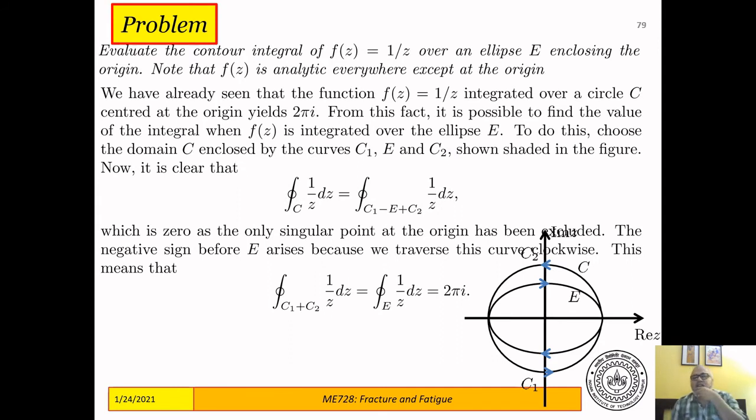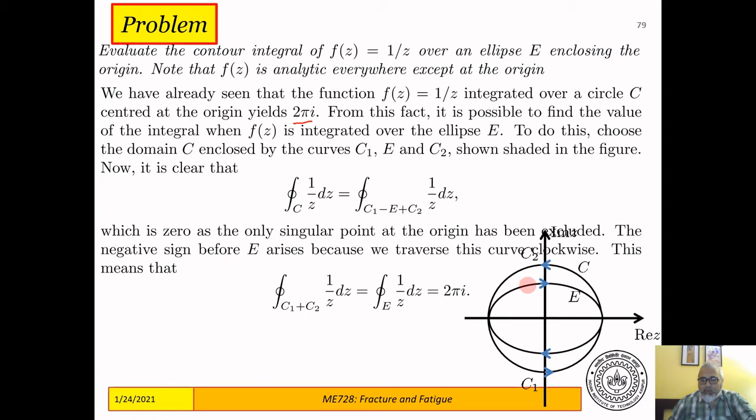So let's go back to our friend f(z) equal to 1 by z that we have looked at, and we have found it on a circle C. So we have already seen that when integrated over any circle C, it gives 2 pi i. Now the question is, if I integrate it over this ellipse, what should it give? Now to do that, let us do a trick.